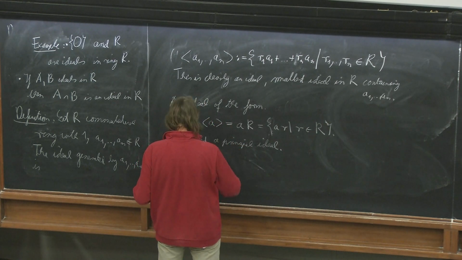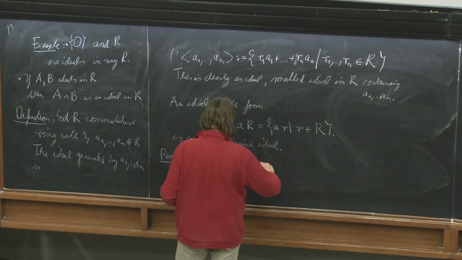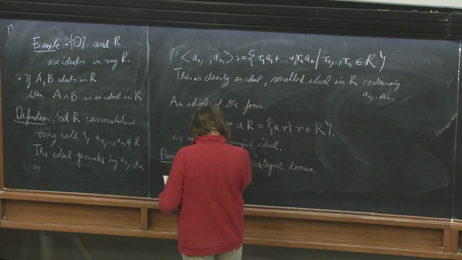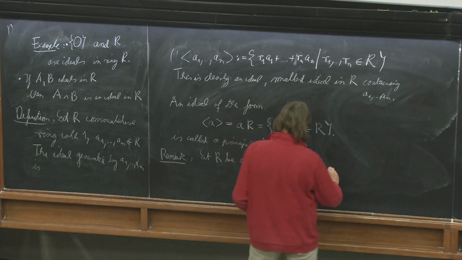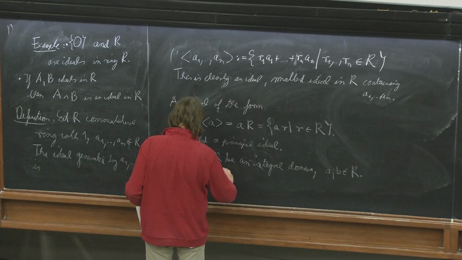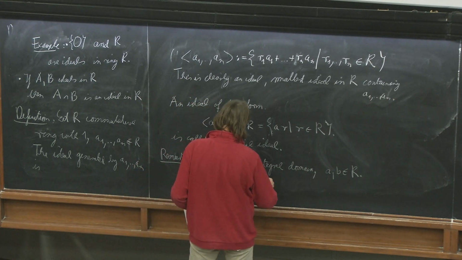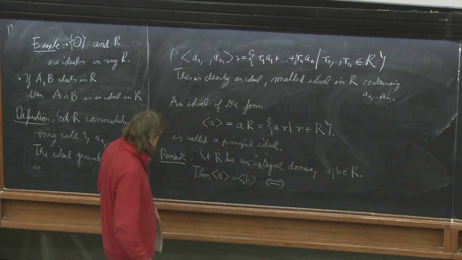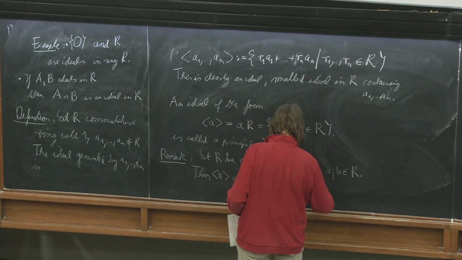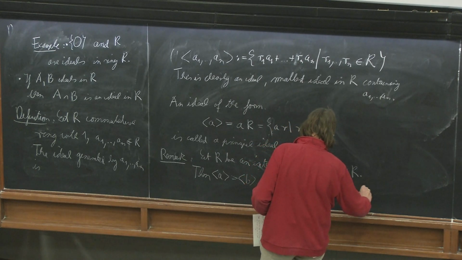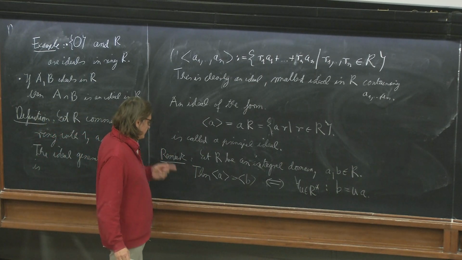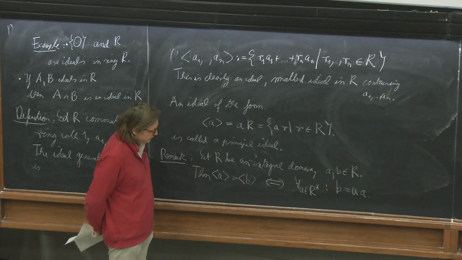So let R be a domain, and we take two elements A and B in R. Then the ideal generated by A is equal to the ideal generated by B if and only if there exists a unit U in R star such that B is equal to U times A. If one is in the integers, two integers define the same principal ideal if and only if one is plus minus the other.